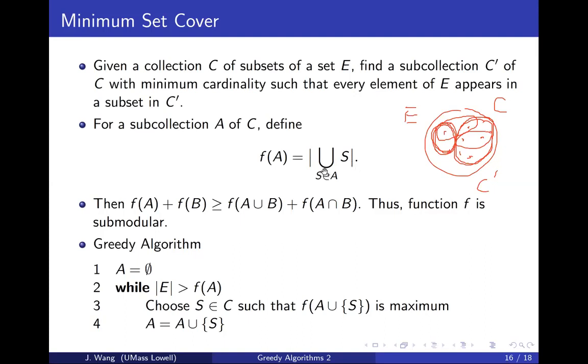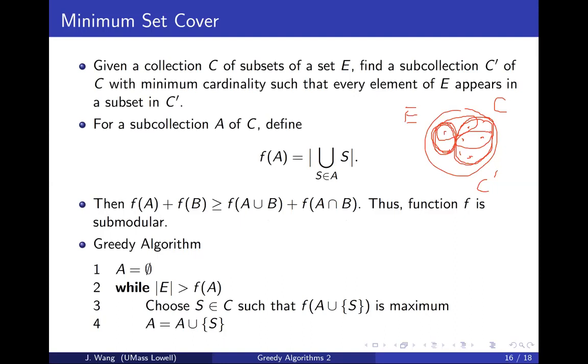So for any set A, which is a collection of subsets, we take the union of these subsets, we take the number of elements of this union, and we call it f of A. Then we can verify that f of A plus f of B is greater than or equal to f of A union B plus f of A intersect B. So this is submodular.